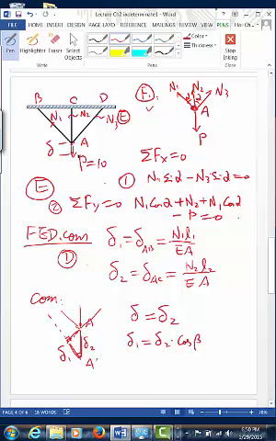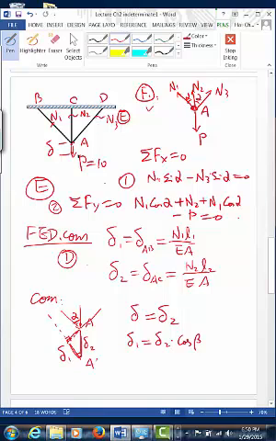Now, what is beta? Beta is related to the original angle alpha here. What's the relation between alpha and beta? In general they may not be equal, but remember we're talking about tiny deformation, so this point moves a very small distance.